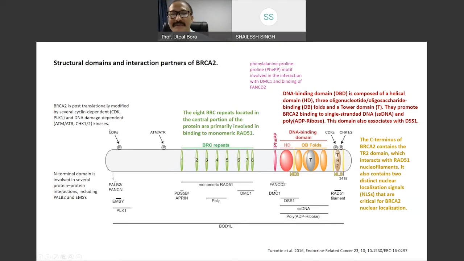We can focus on a few things like the BRC repeats. There are 8 BRC repeats, located in the central portion of the protein, and these are primarily involved in binding to monomeric RAD51. The RAD51 association is very, very important, and that is done through these 8 BRC repeats.